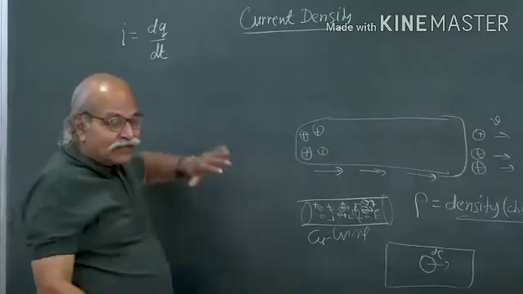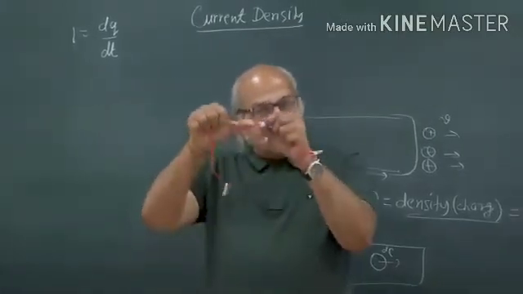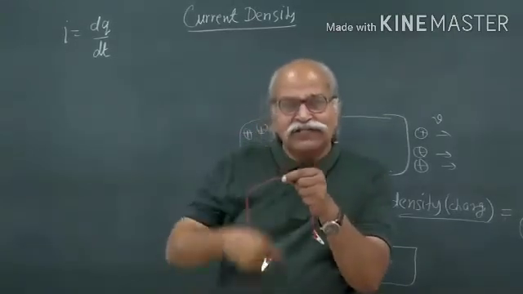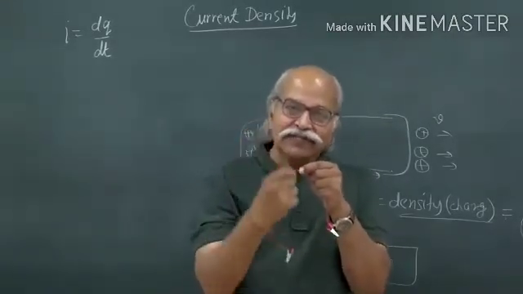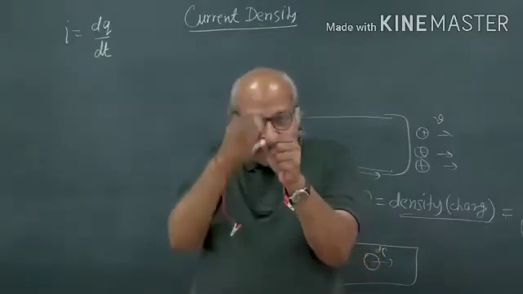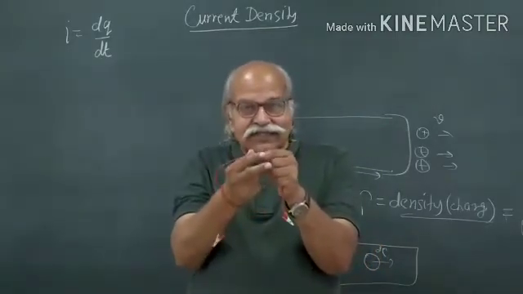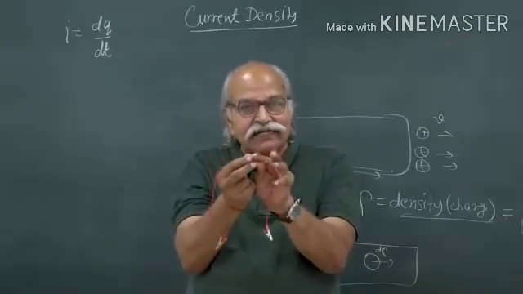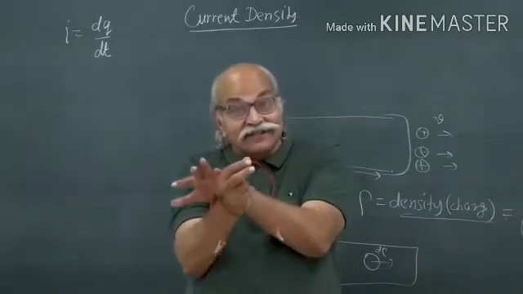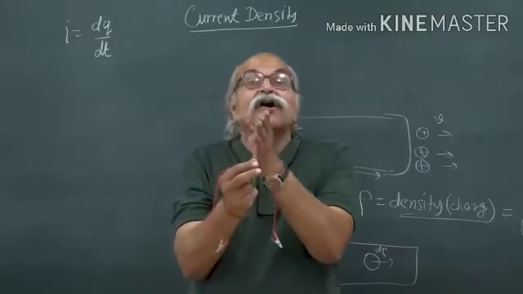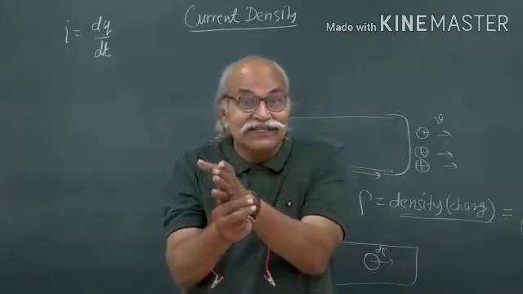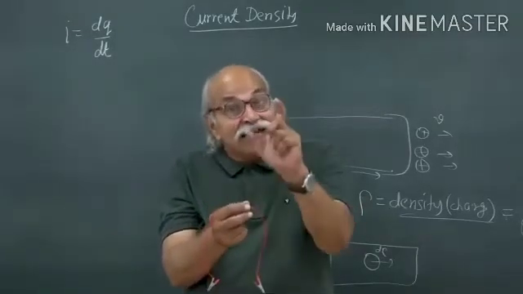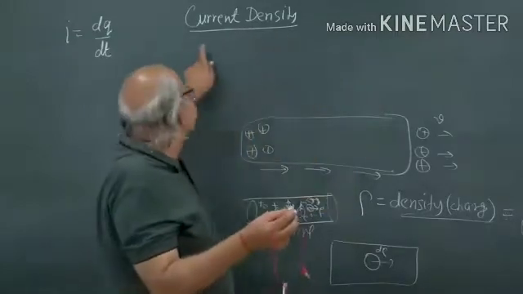So if you have a wire, then in this wire you take any cross section, and it need not be the full cross section, you can take a small part of the cross section also. So construct or imagine that cross section and then ask how much charge has gone from this side of that area to the other side. How much charge has crossed this area that you have imagined. So the charge which is crossing this area in time dt is this dq.